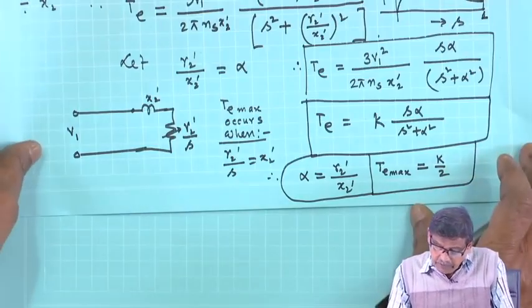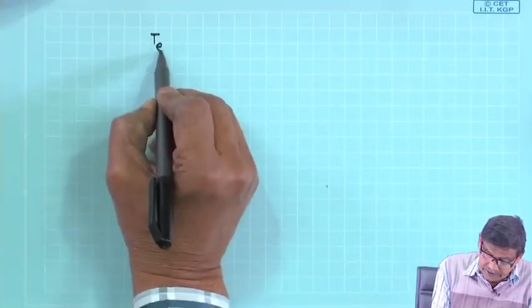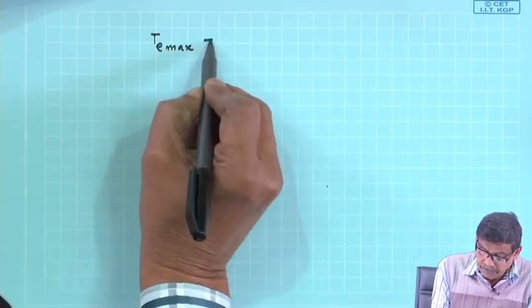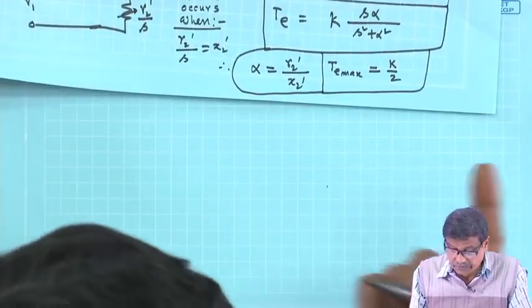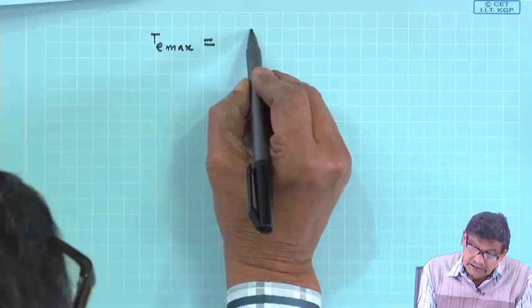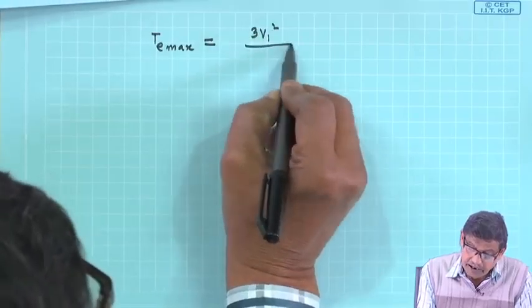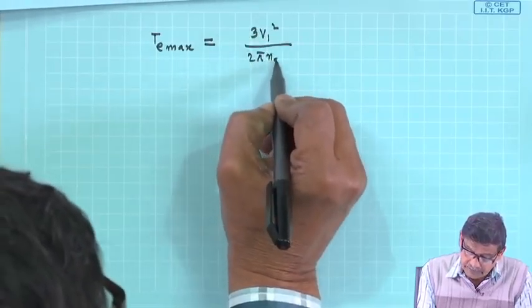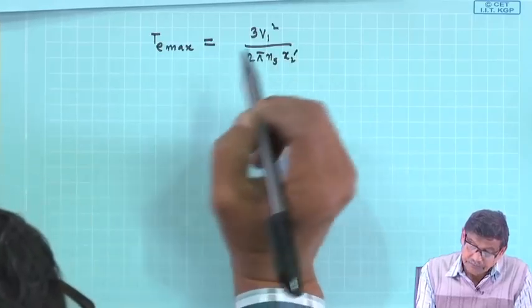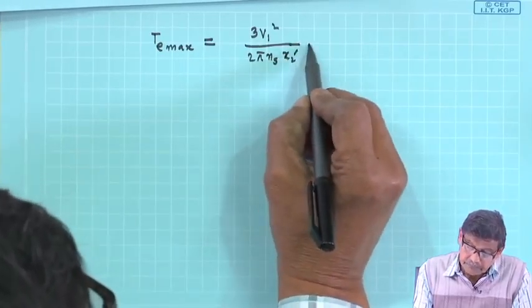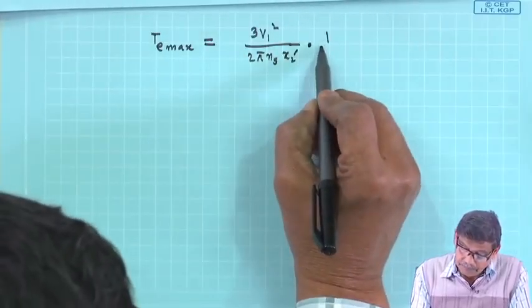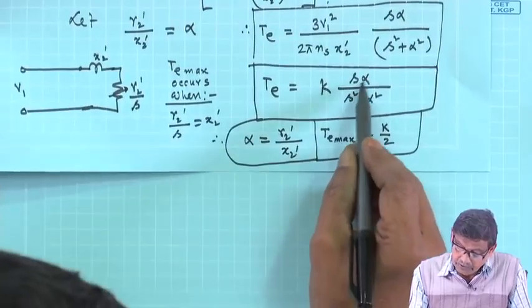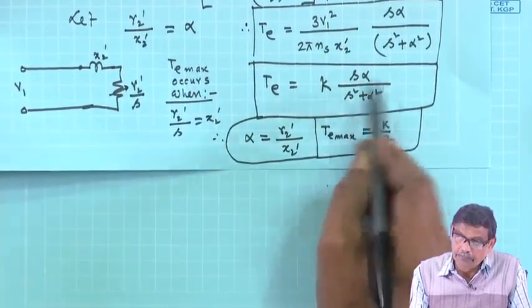And what is the expression of T max? Let us write that T max in terms of equivalent circuit parameter. In this case, it is only R2 dashed and x2 dashed. It will be 3 V1 square by 2 pi ns into x2 dashed, that is this k into half, because S equal to alpha, it gives you half.